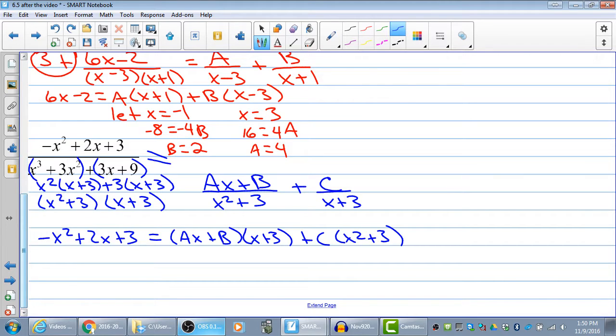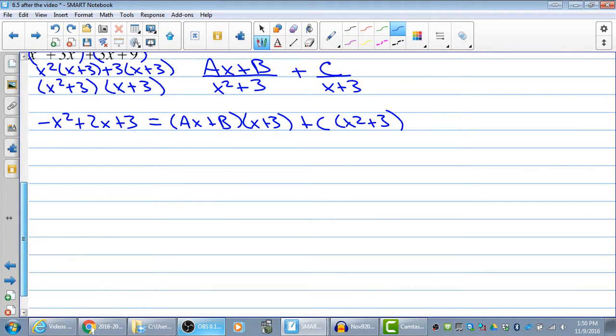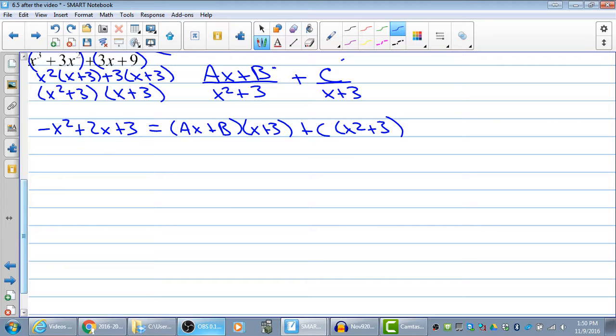That comes from the common denominator, right? Multiplying this times x plus 3, that times x squared plus 3. All right, here we go. Ax squared, first outside, plus 3Ax inside, plus Bx last, plus 3B plus Cx squared plus 3C.